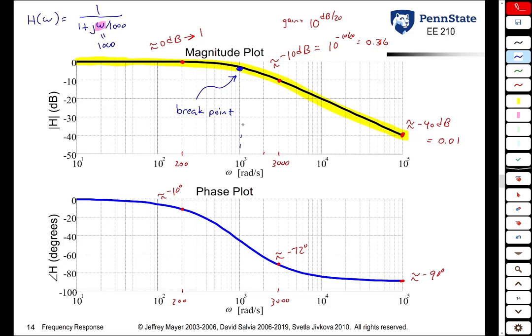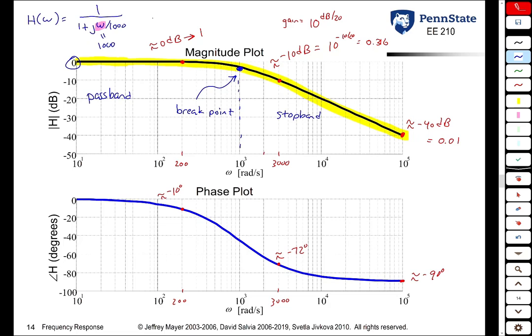Everything to the left of the breakpoint we're going to call the passband. In the passband, input frequencies basically show up at the output with a gain close to 0 dB or 1. To the right of the breakpoint, we're going to call that the stop band. The stop band represents frequencies where there's much attenuation between the input and the output.